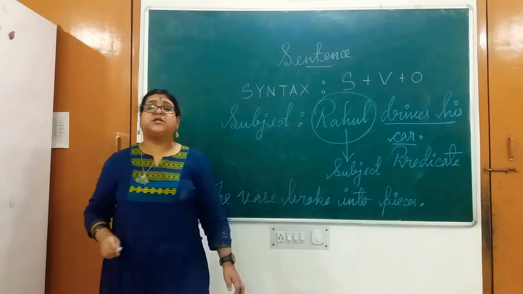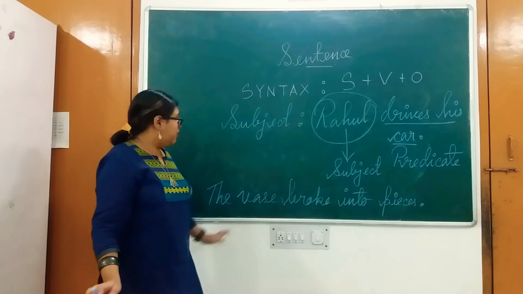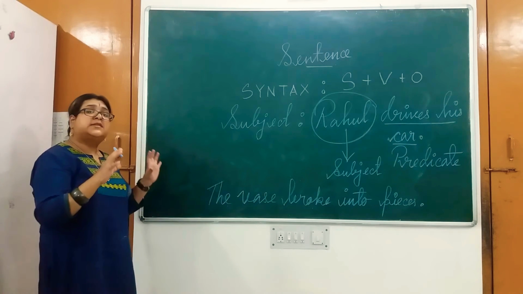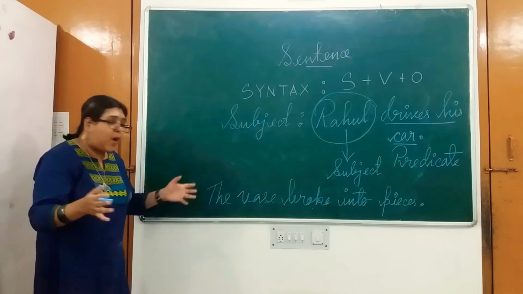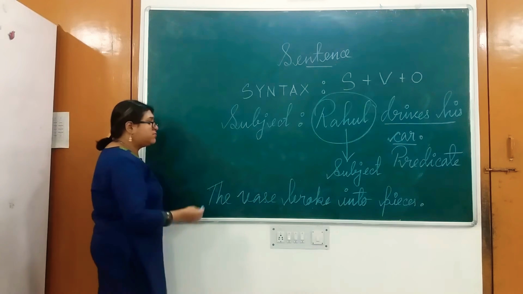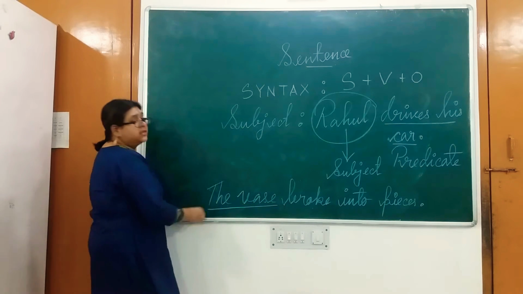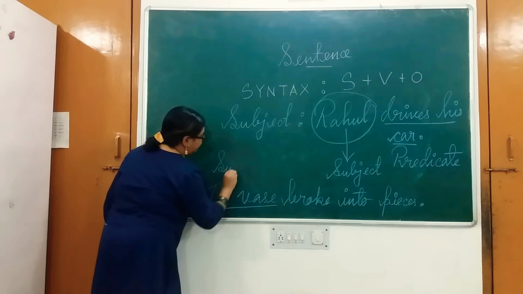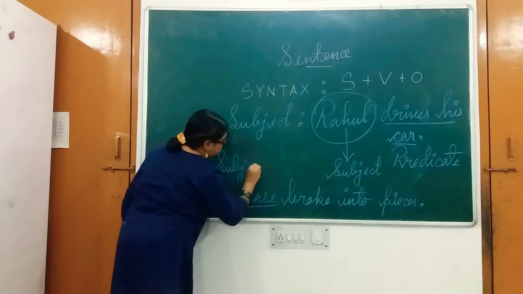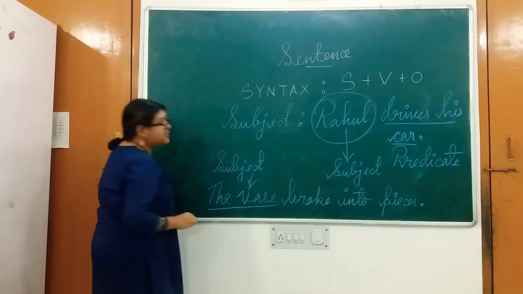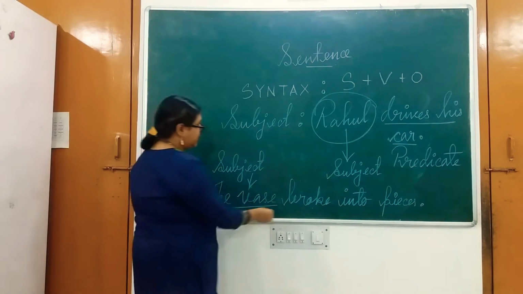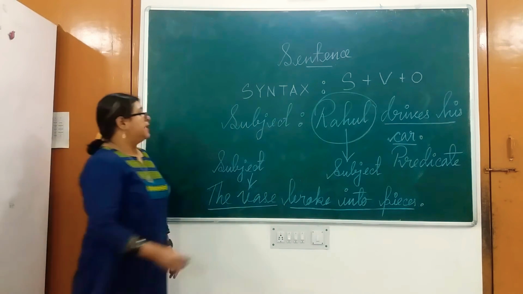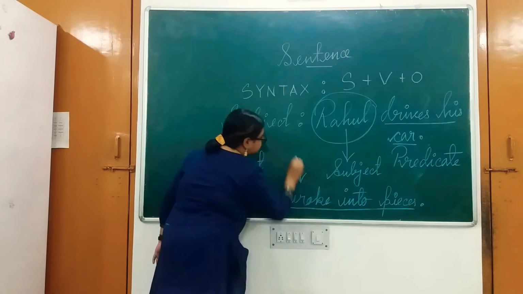The vase broke into pieces. Here something is being said about something but not someone. And which is that something? That something is the vase. So the subject is the vase. And what is being said about the vase? Broke into pieces. So this is the predicate.